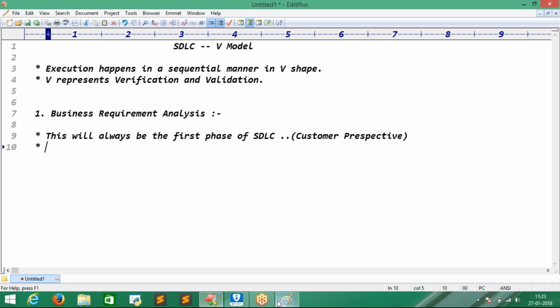Basically, this phase involves detailed communication with the customer to understand their expectations and exact requirements. So what will happen in this phase?